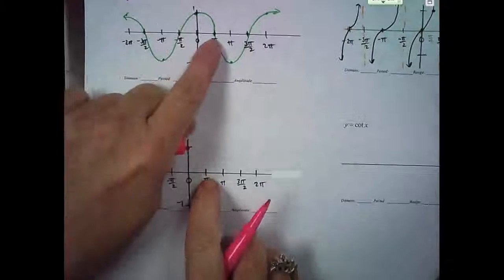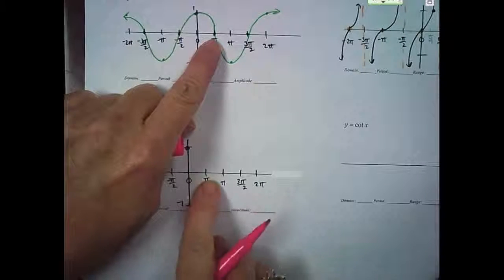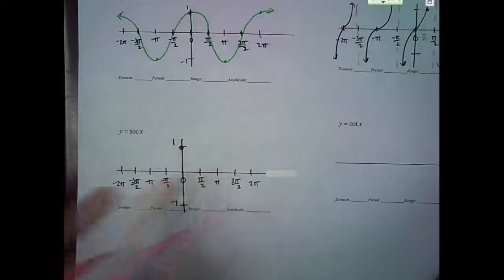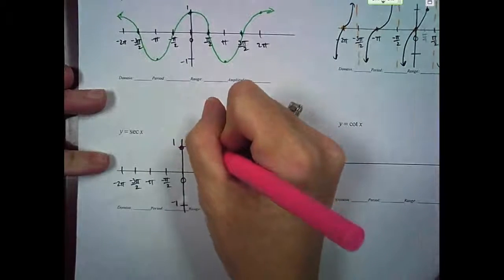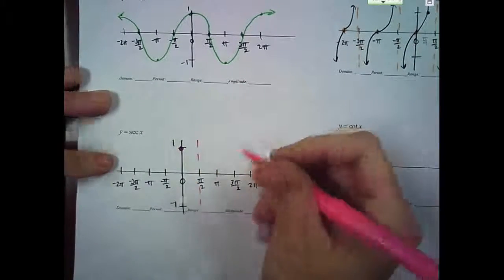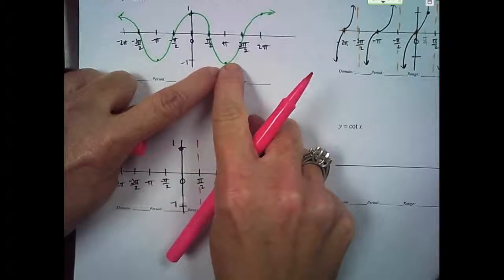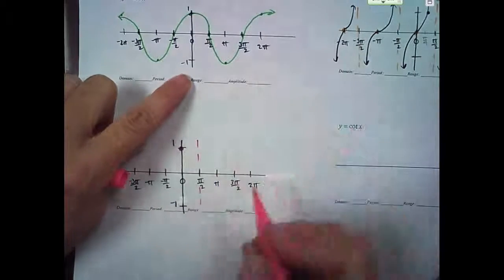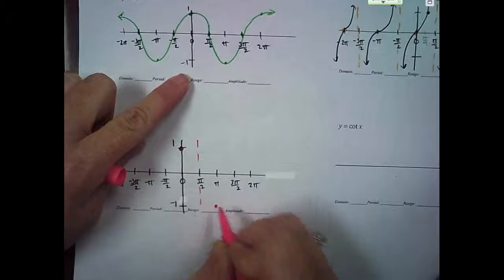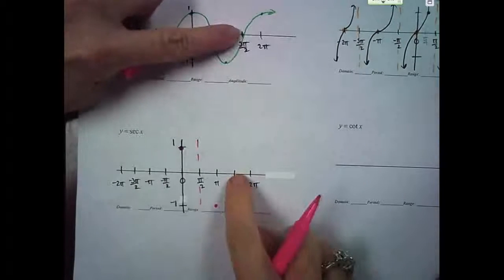Move to pi over 2. At pi over 2, cosine is 0. What's the reciprocal of 0? Undefined. Okay, pi. At pi, I'm at negative 1, so I'm still going to be at negative 1. At 3 pi over 2, I'm at 0.